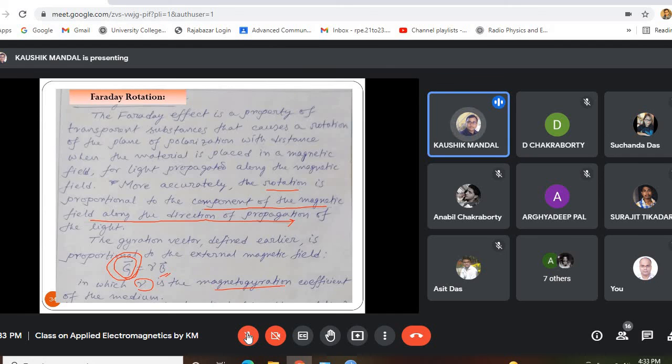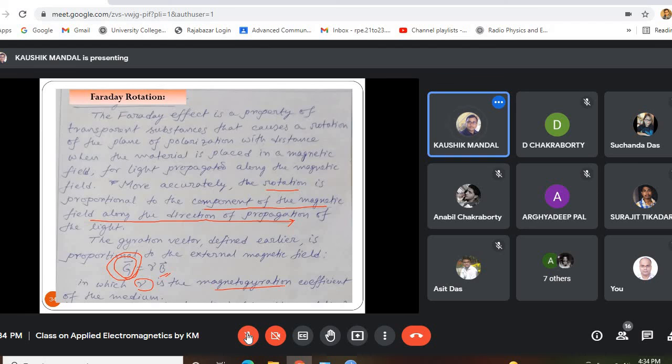So the basic difference, I think, is clear. Faraday rotation means we place an optically active material under the influence of a magnetic field, then consider the propagation of light or an electromagnetic wave through it.